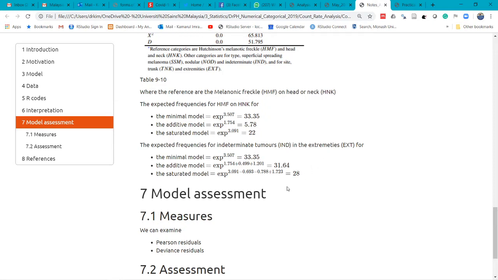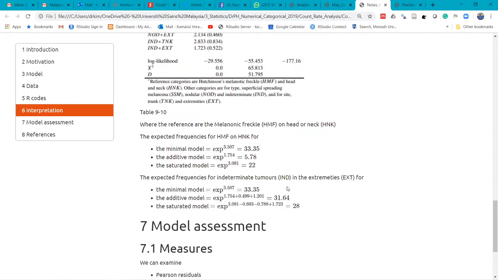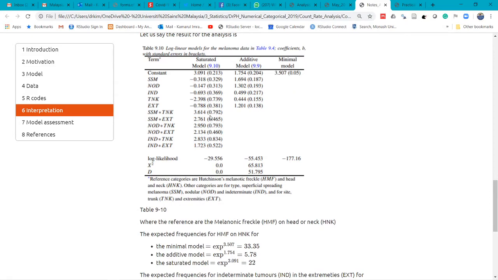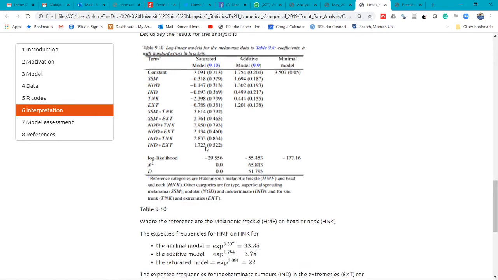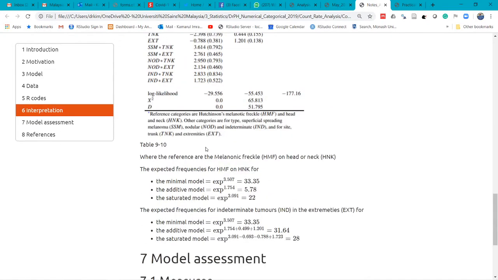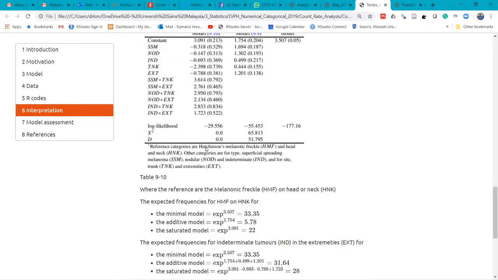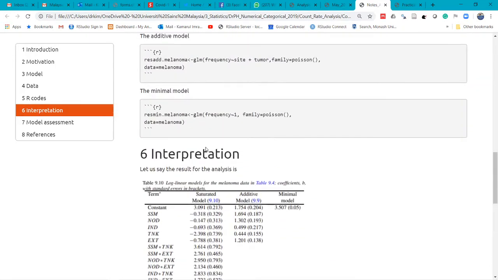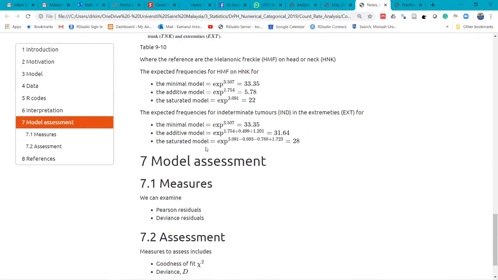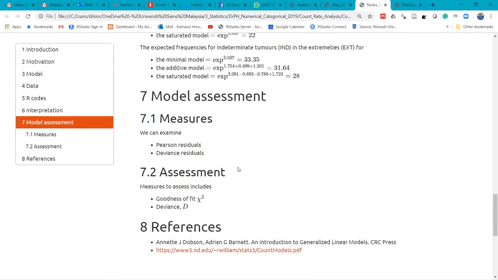On the saturated model you have -6, this one indeterminate, and extremities and the interactions of indeterminate and extremities. Since they are all dummy variables, if it's present, then it is 1. If it doesn't, then it equals 0.